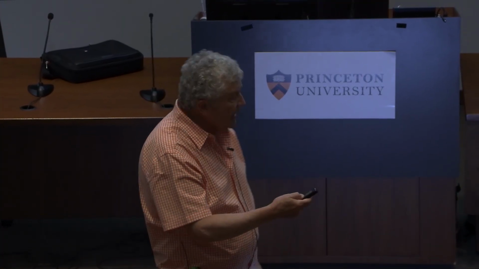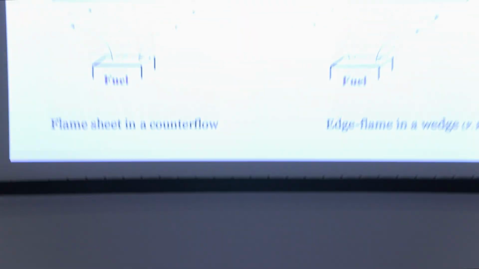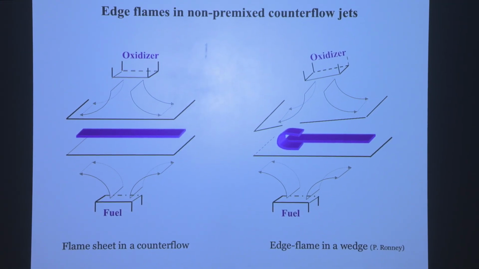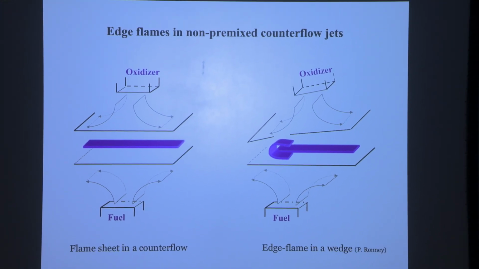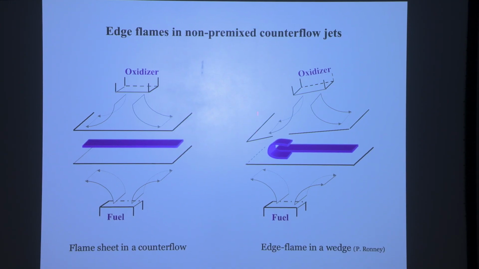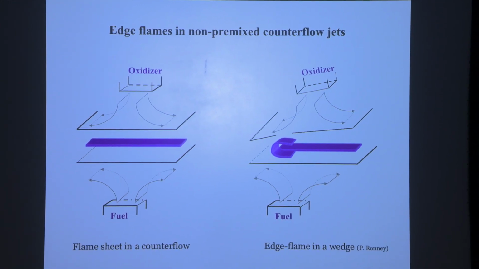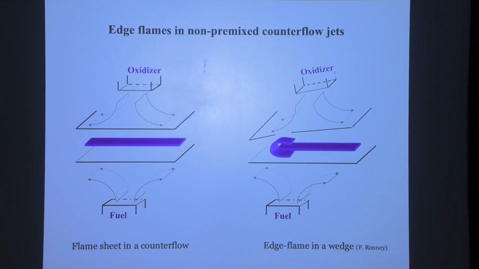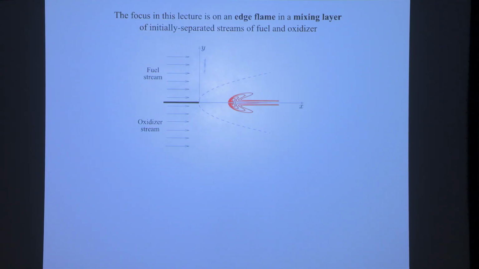If they're not symmetric, then the strain rate is not the same all over. And if the strain rate at some end here is above the value for extinction that we saw earlier today, right? You increase the strain rate, you decrease the Damköhler number, you cause extinction. So then again, you will create an edge. So there are different pictures of how it's created.